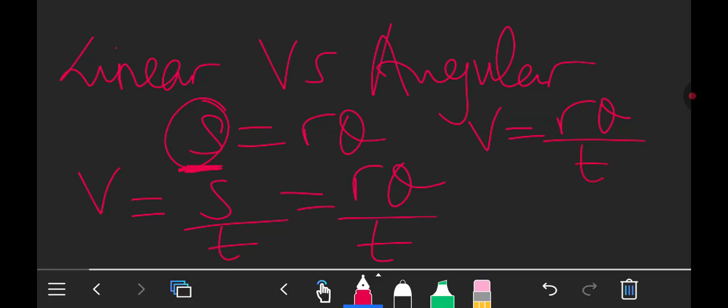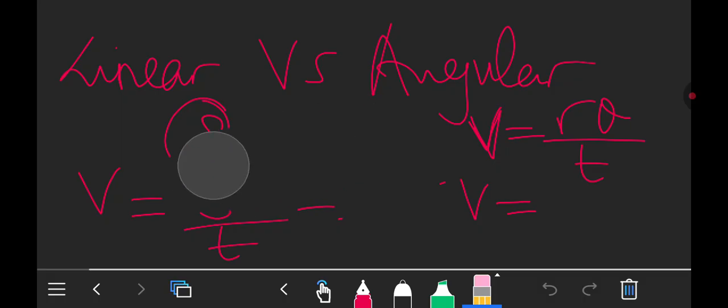But you see, whenever you're talking about omega, it is given by the formula, which is, so this is velocity there, okay? So V is equal to, so we're trying to relate what is the relationship between linear velocity and angular velocity.